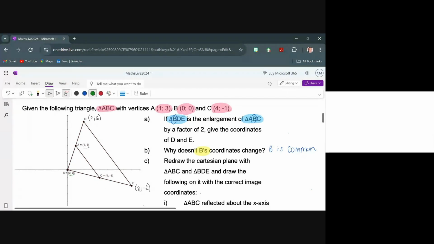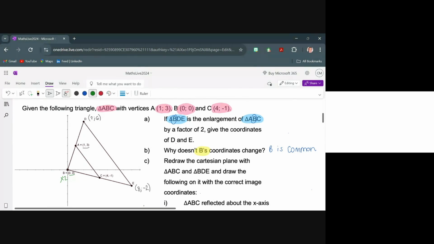Let's take (0, 0) and increase the coordinates of (0, 0) by a scale factor of 2. Just do that very quickly as an experiment. Multiply them by 2. What are we going to get?